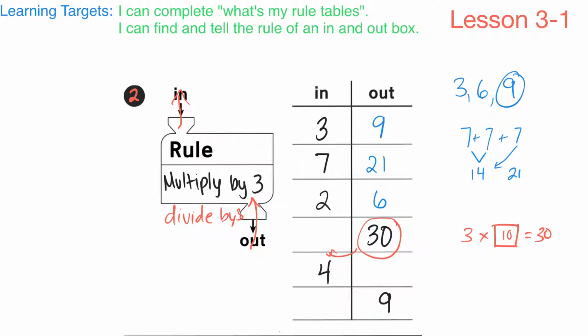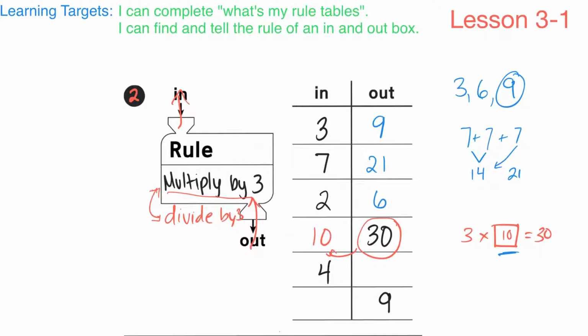So I've got my 10 recorded there. So I know that if I put 10 in, if I multiply by 3, like my rule says here, 10 times 3 equals 30. So that's how we go in reverse, and we do the opposite of the rule.